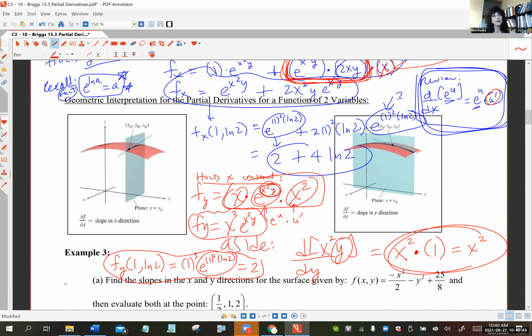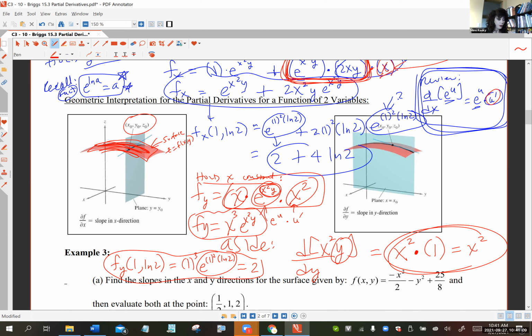For a function of two variables, remember that the graph of a function of two variables is a surface. So this surface is given by z equals f of x, y. That's that red portion of the surface anyway. And they're picking a point on the surface.